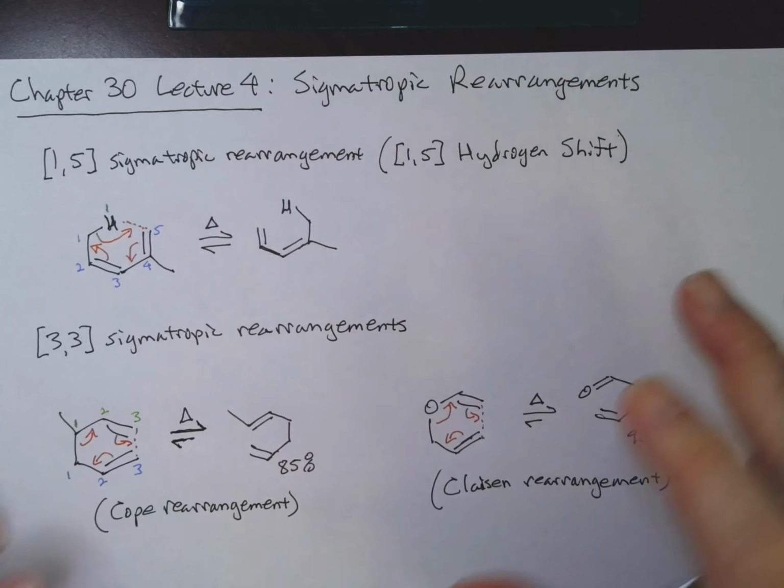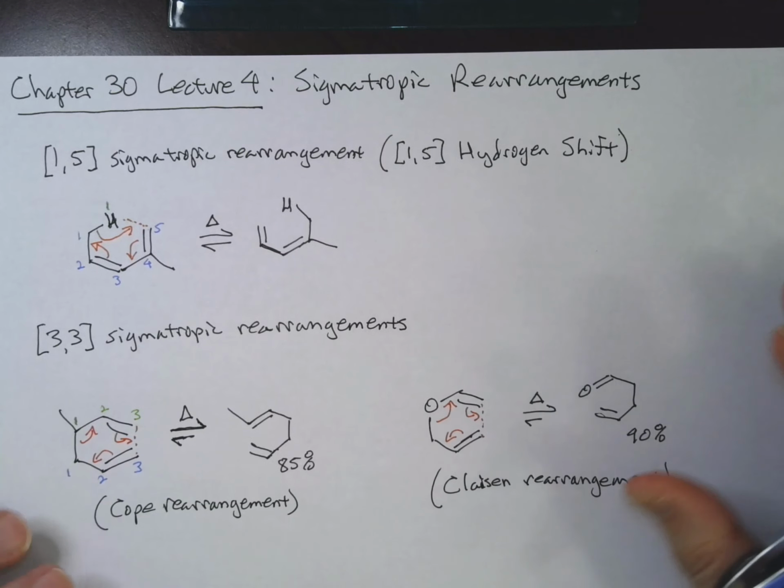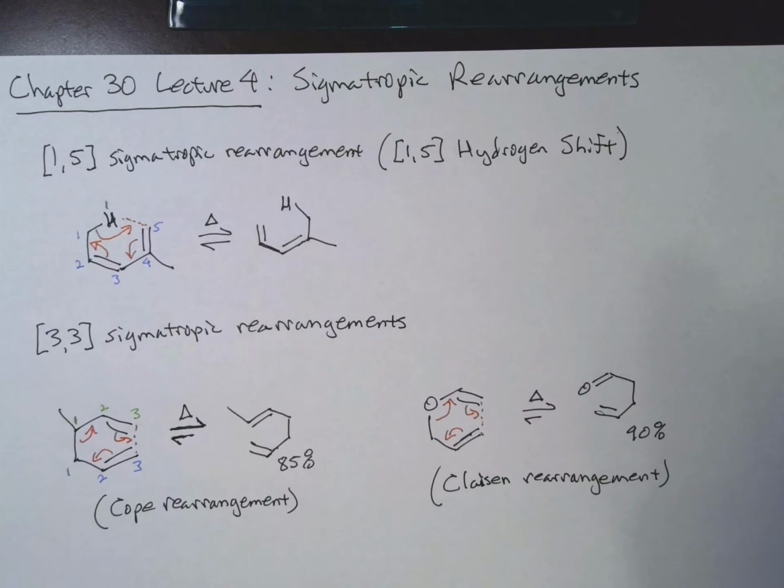All right, so these are types of sigmatropic rearrangements, these are some of the more common ones. And again, I'm not going to go over the Woodward-Hoffman rules for sigmatropic rearrangements. They're kind of outside the scope of this course. There's a reason that McMurry put the pericyclic reactions in chapter 30 at the end, is that a lot of courses don't even mention anything other than the Diels-Alder reaction.